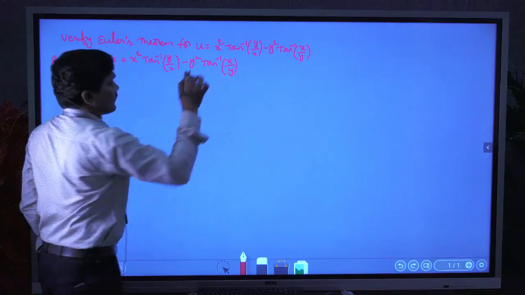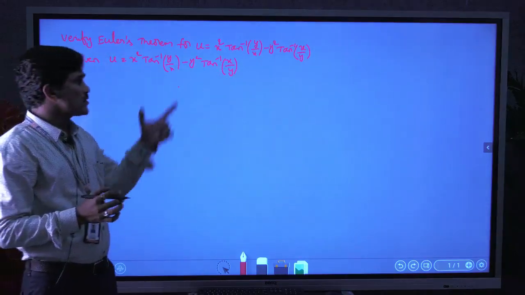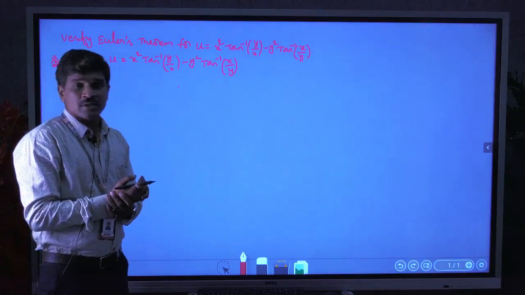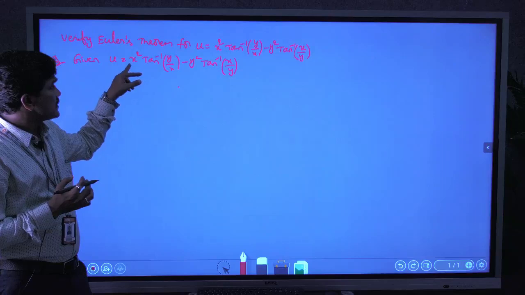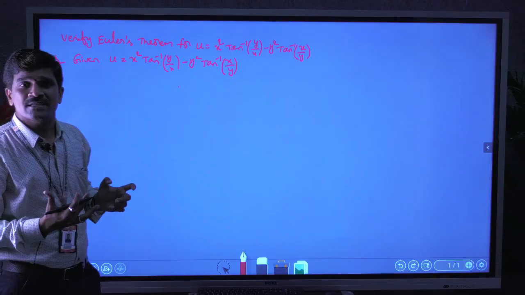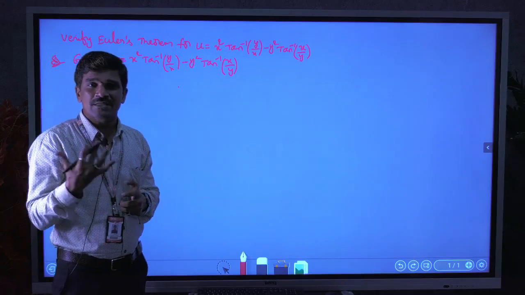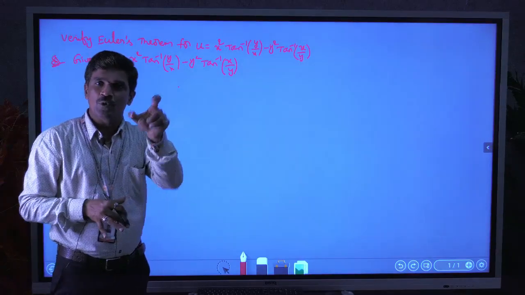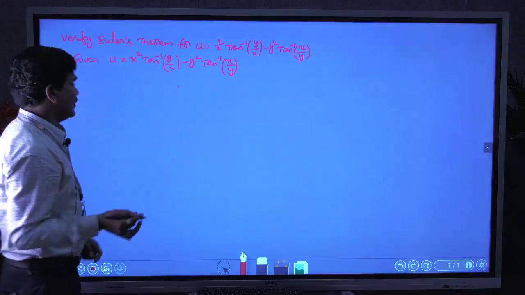First of all, what is the degree of the function? To check for a homogeneous function, this is u of x comma y, then write u of kx, ky. If u of kx, ky is k power n into u of x comma y, then that is a homogeneous function of degree n.